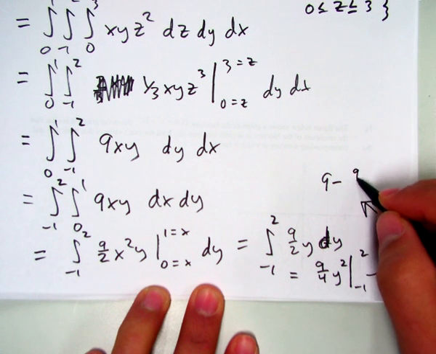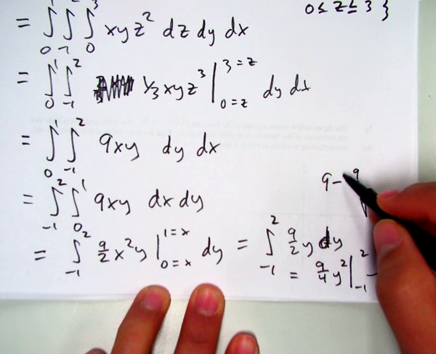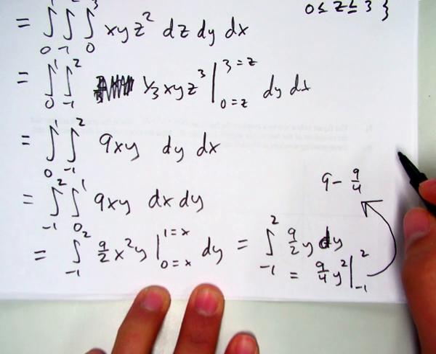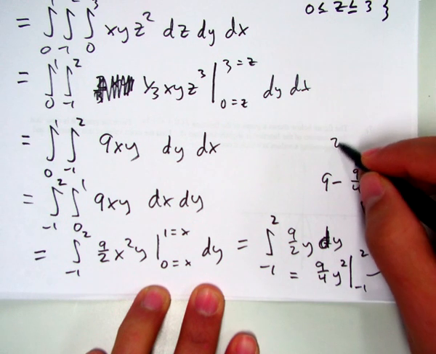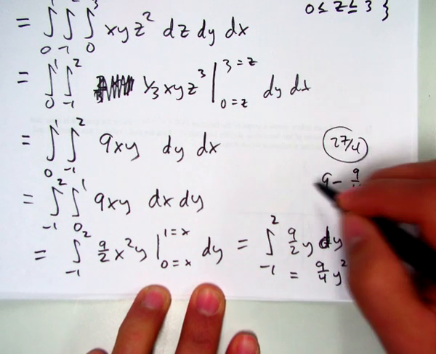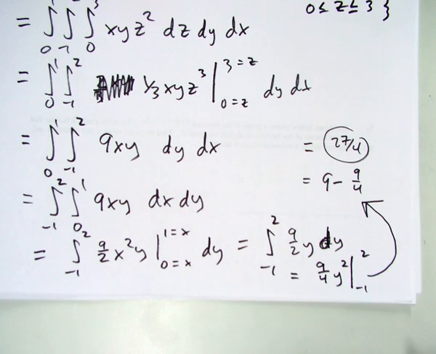Maybe I should have kept it as 36/4. 36 minus 9 is 27/4. Okay? All right. Are we good with that?